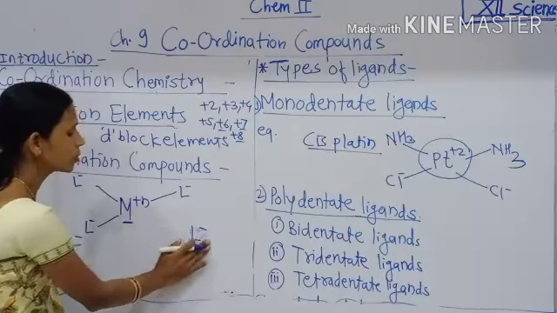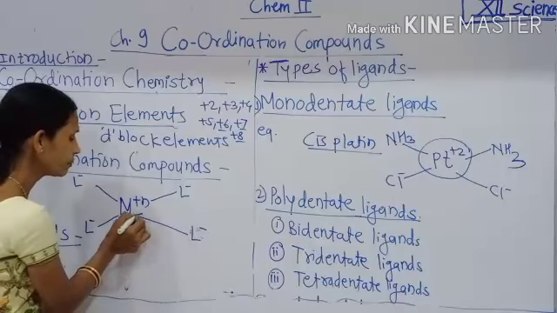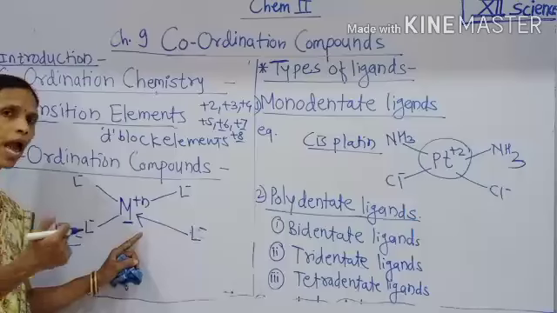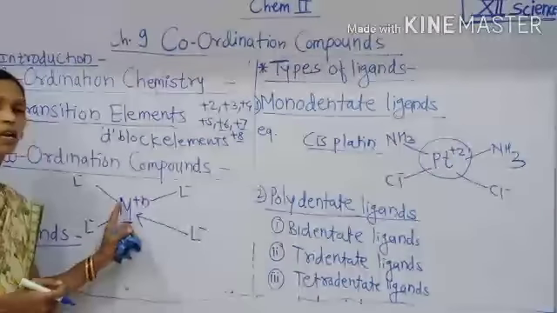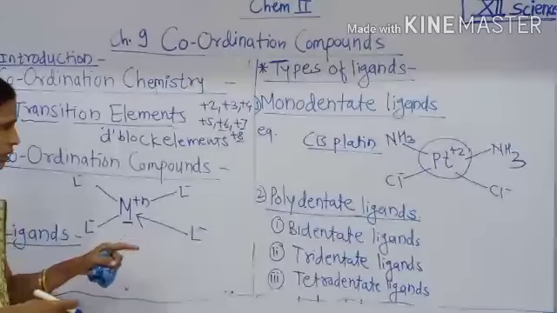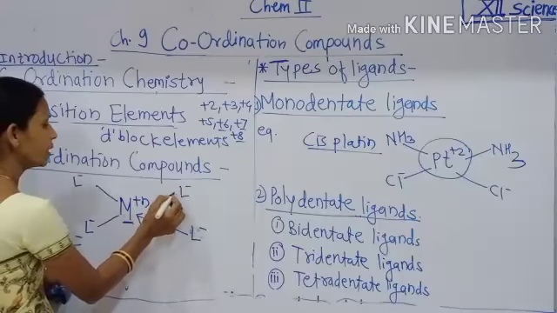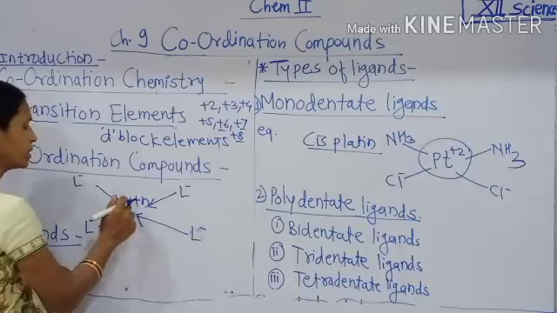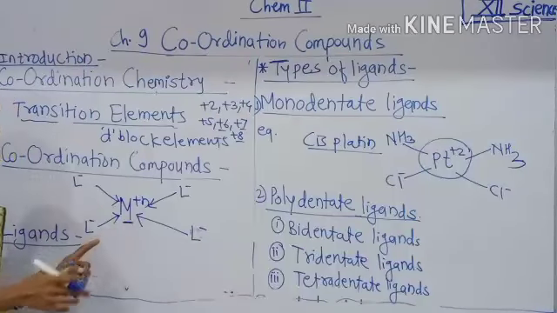Therefore, these coordination bonds are denoted by an arrow pointing towards the central metal ion, or electron deficient species, in the complex. That means coordination bond formation takes place between the central metal ion and ligands.